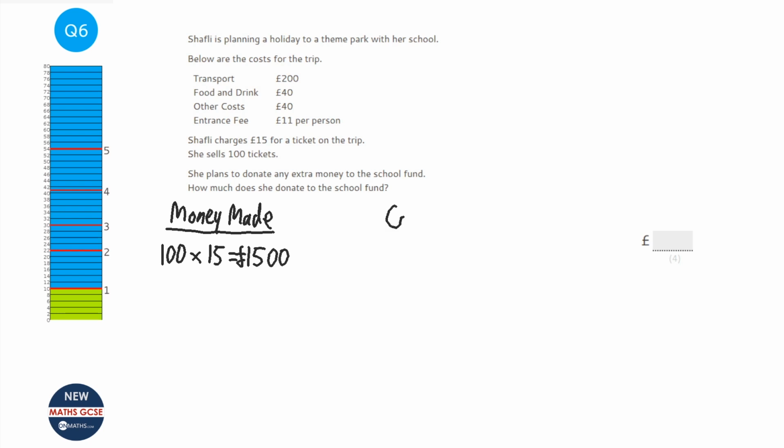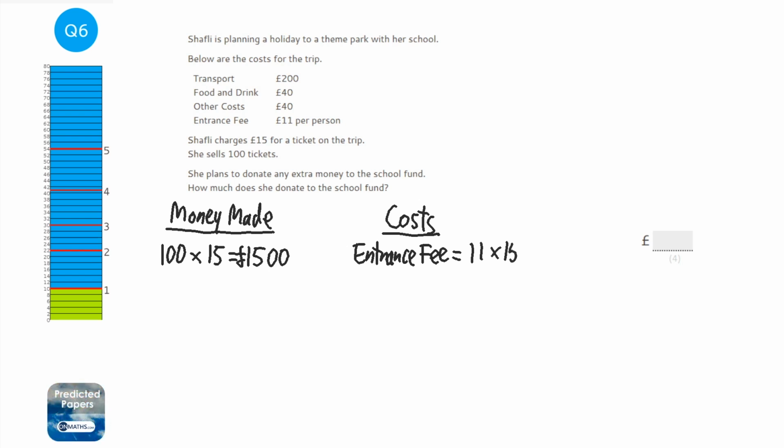Now the costs are a little bit more complicated to work out. So the entrance fee is going to be £11 per person. So we do 11 times 15, oh, not 15, 11 times 100 because she sells 100 tickets, which is 11 with 2 zeros.